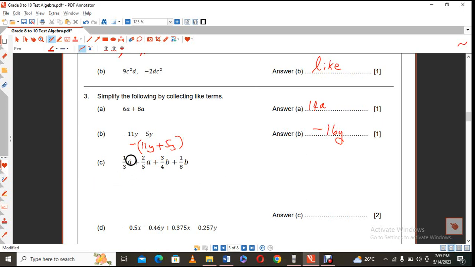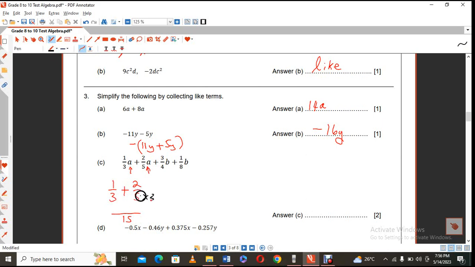Well, these a's are the coefficients of a third and 2 over 5. So what I will suggest that you do, because normally learners have problems, is just add the fractions together, but I'm only adding the fractions of the a together. Okay, so if I do that, I will have the LCM, which is 15, of 3 and 5. So remember how we add fractions.